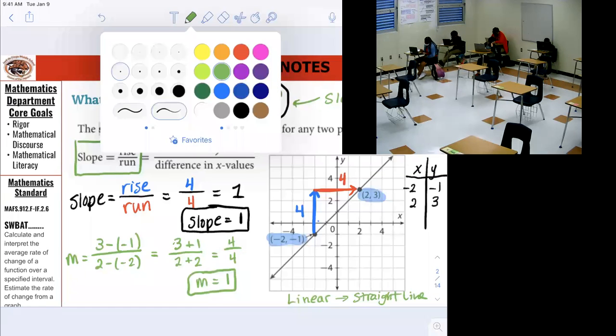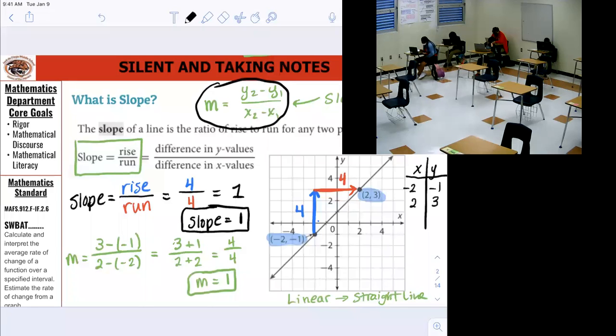But some people prefer plugging things in, and they feel better about that. So some of you might prefer using the slope formula, the rate of change formula. You can use whichever one you're more comfortable with, but it's important to understand that they're essentially doing the same exact thing.